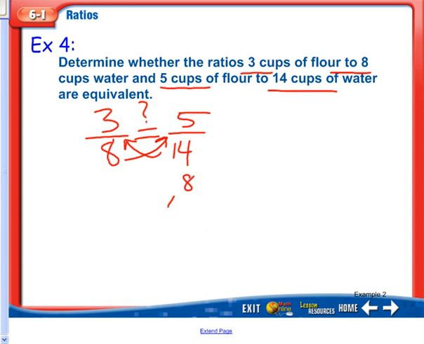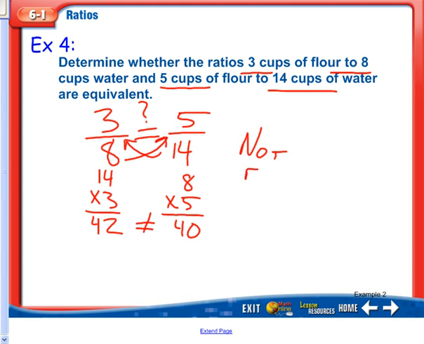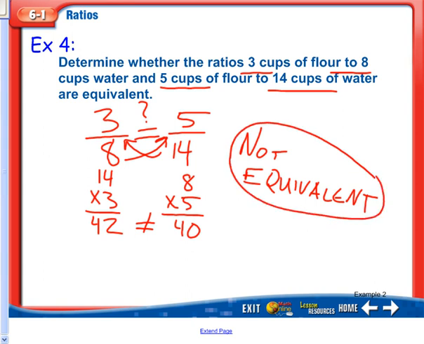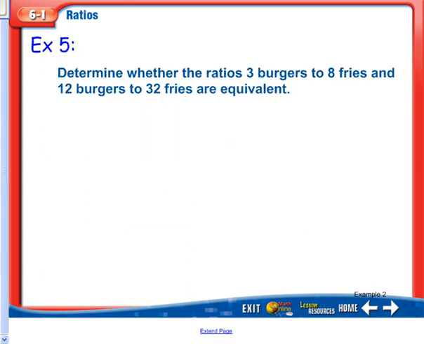I'll do 8 times 5 first to get us 40, and then 14 times 3 gets us 42, and 42 is not equal to 40, so our ratios are not equivalent. So not equivalent is going to be our answer. Everything else we wrote is going to be our work.